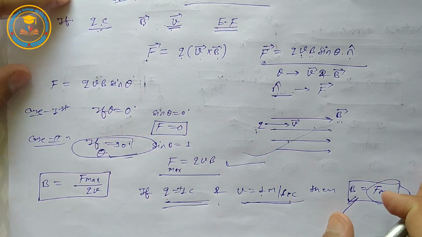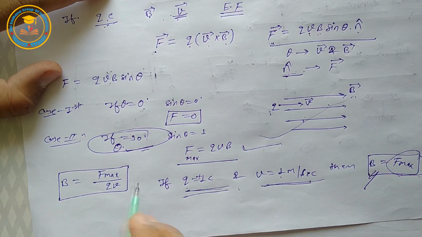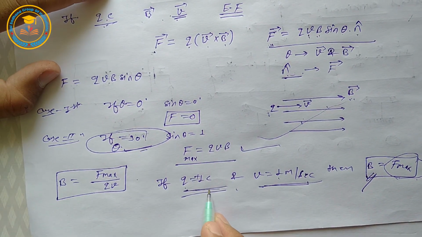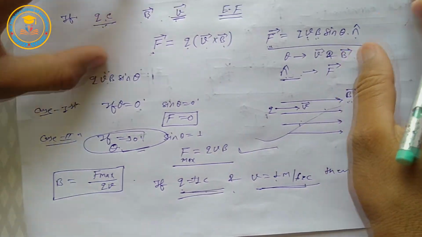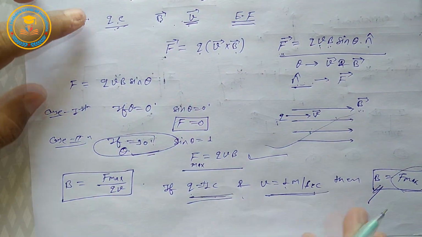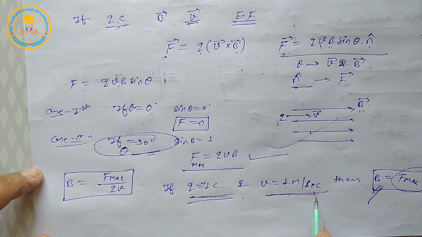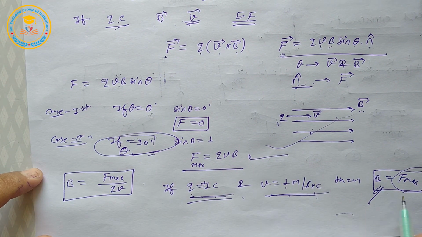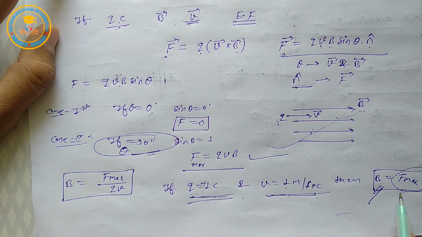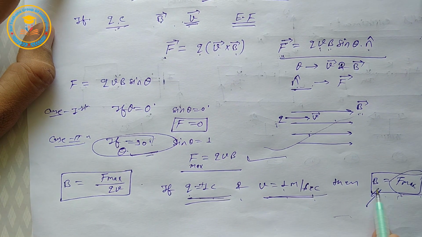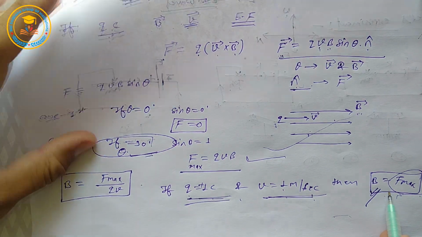Again, if unit positive charge moves perpendicular to the magnetic field with a unit velocity, then the magnitude of the force acting on the charge is equal to the magnetic field. This is another definition of a magnetic field.